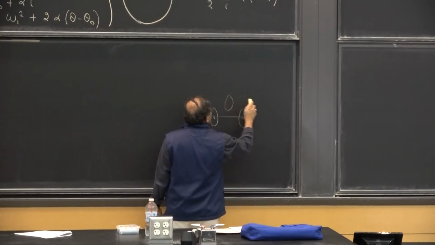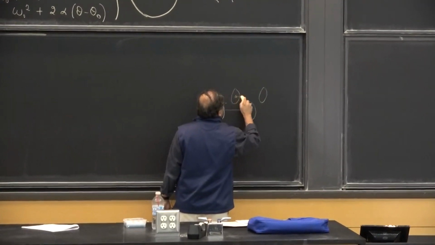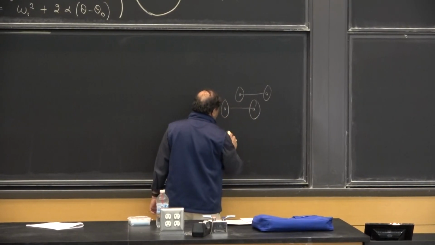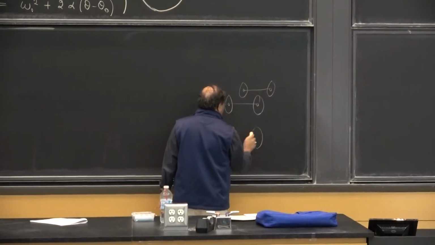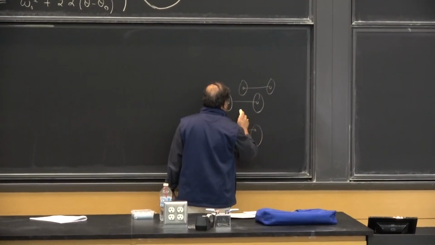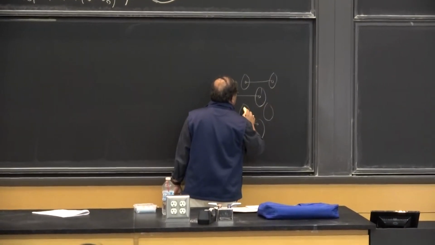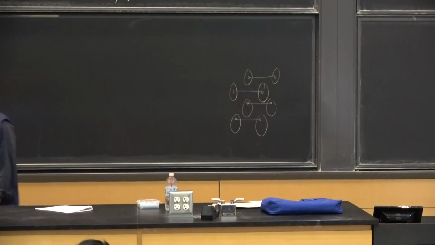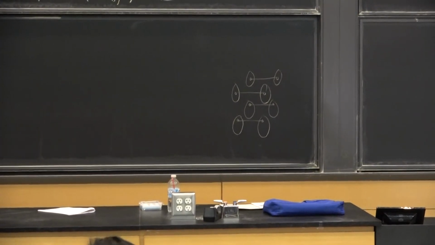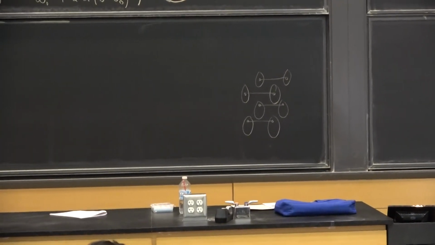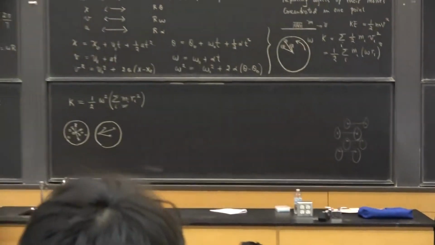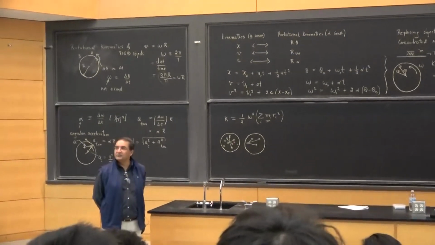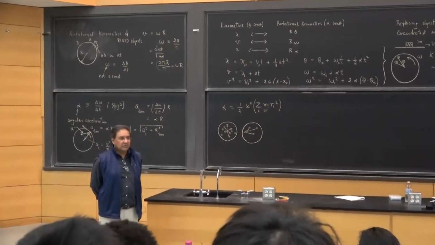What is the problem if I want to drive a car where the wheels are connected here? Why is that not going to be a good thing to do, you think? What is the problem with that? I'm not crazy, I'm asking you a question. I want to drive a car.